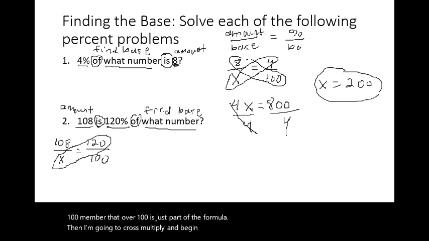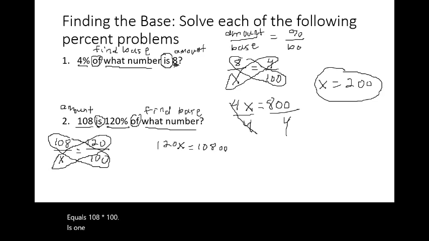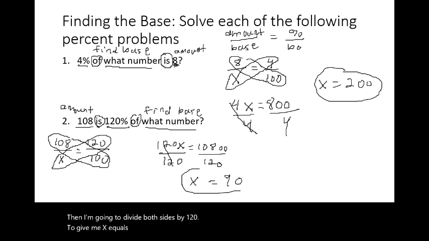So x times 120 is 120x equals 108 times 100 is 108 with 2 zeros. Then I'm going to divide both sides by 120 to give me x equals 90. So 90 is what you started with before the percent was taken.